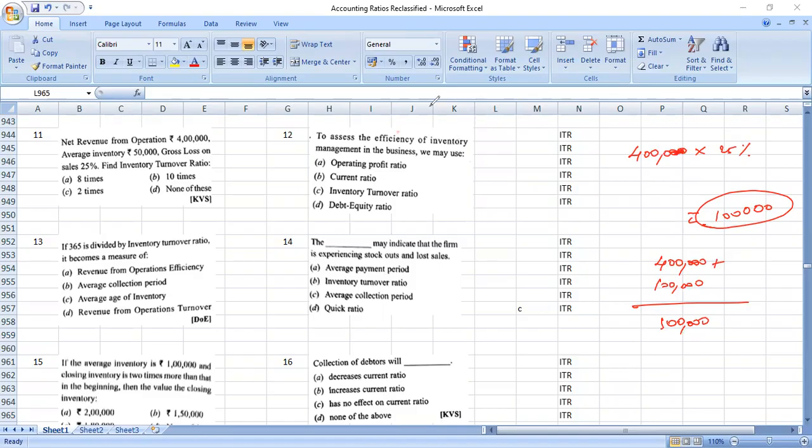Average inventory they've given us is 50,000. So 5 lakh divided by 50,000 is equal to 10 times. 10 times is the correct answer, my dear children.